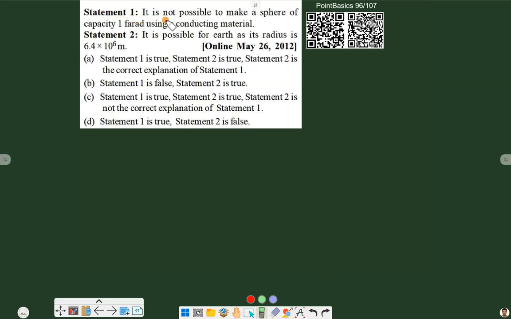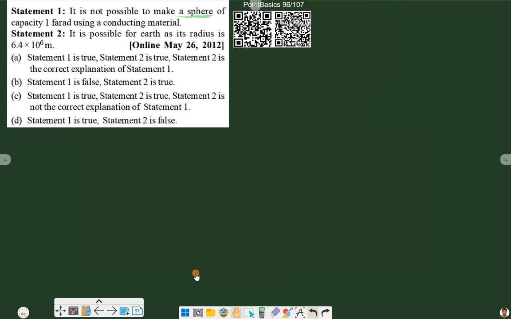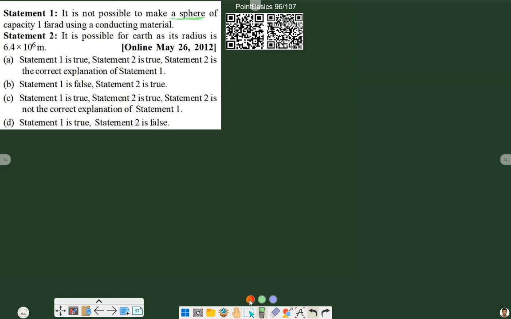In statement 1 we are given a sphere, and in statement 2 Earth, which when we calculate the capacitance, is also considered a sphere. The capacitance of a sphere is given by 4 pi epsilon naught r.